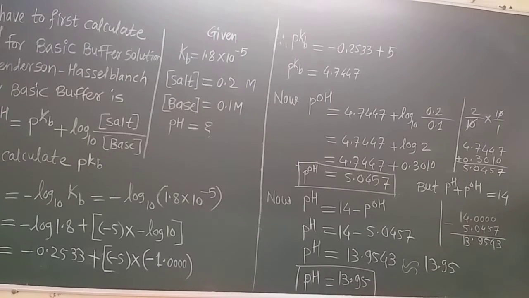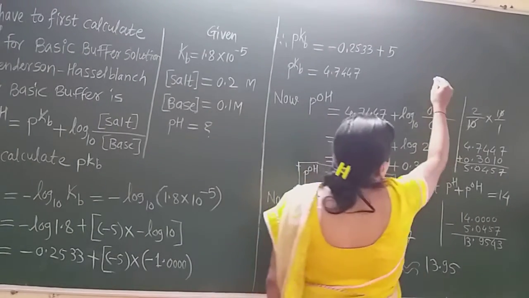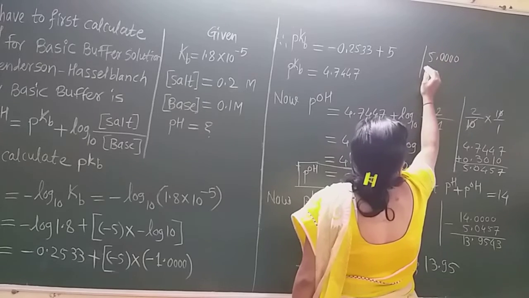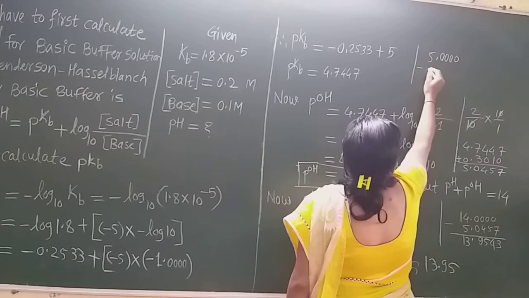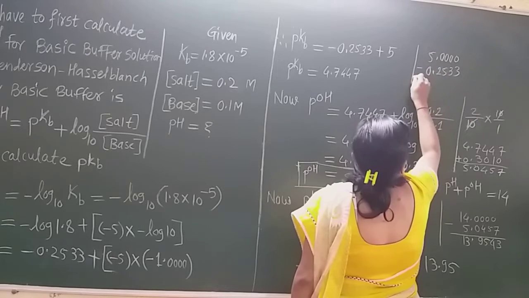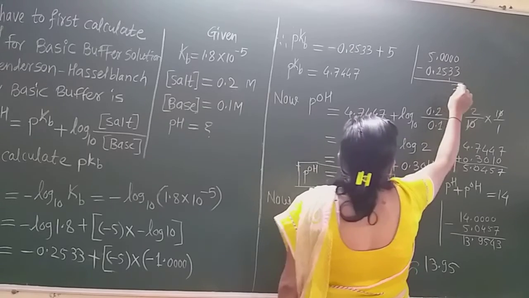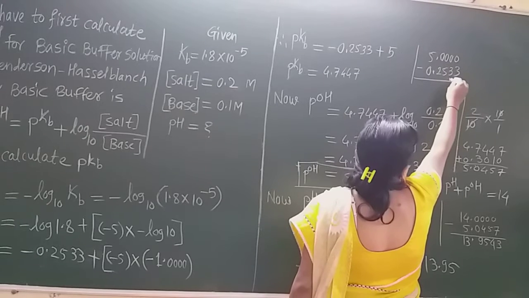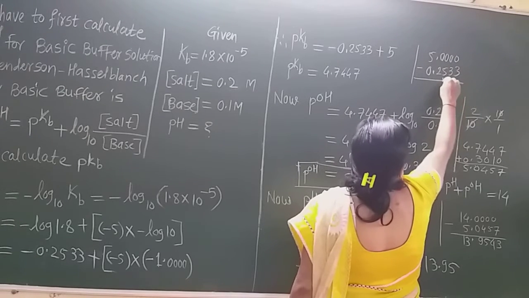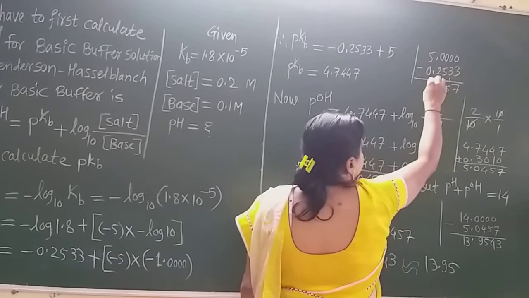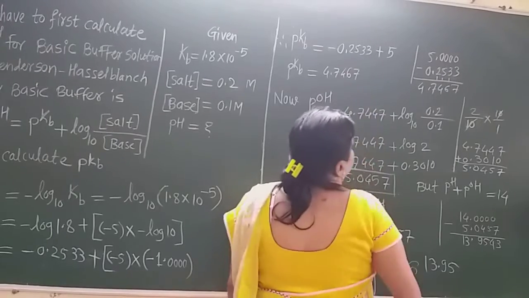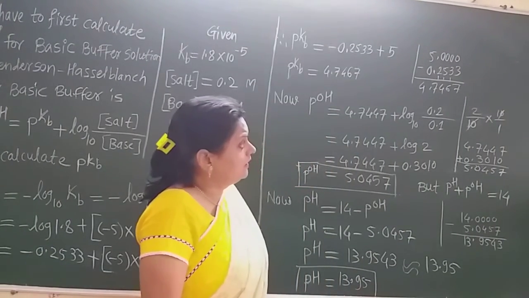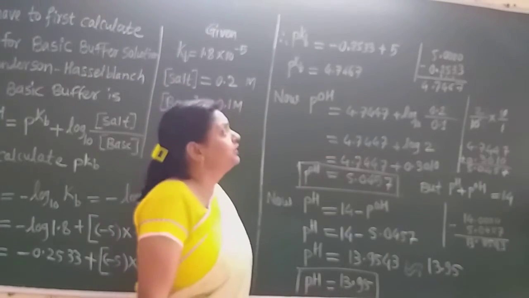See on the blackboard, if you subtract in this way, 5.000 minus 0.2533, then after subtracting, you obtain 4.7467.